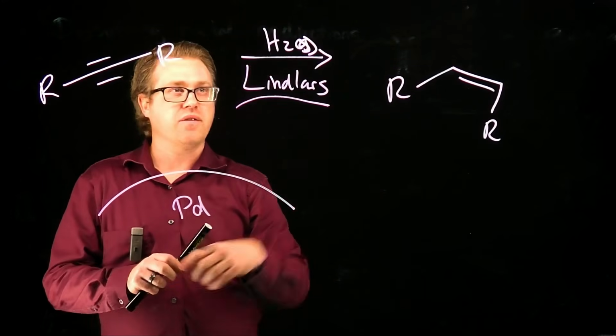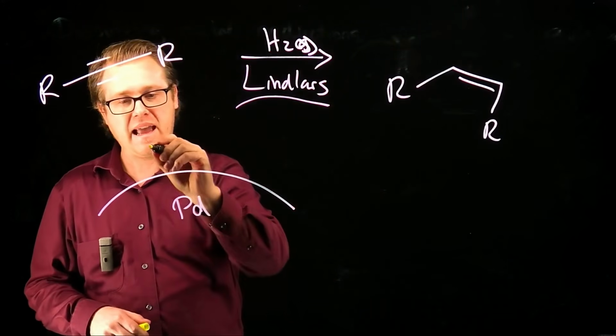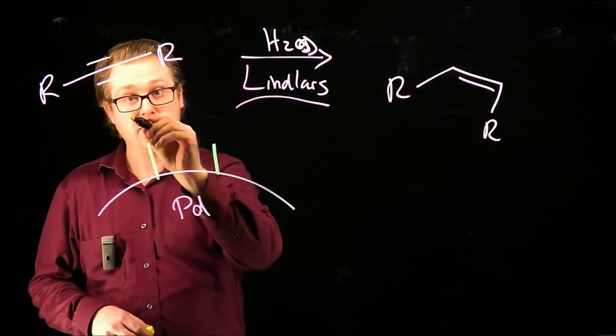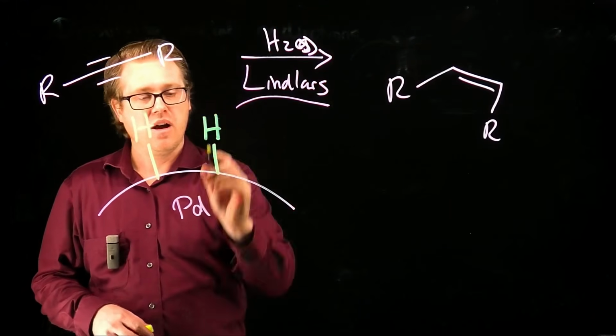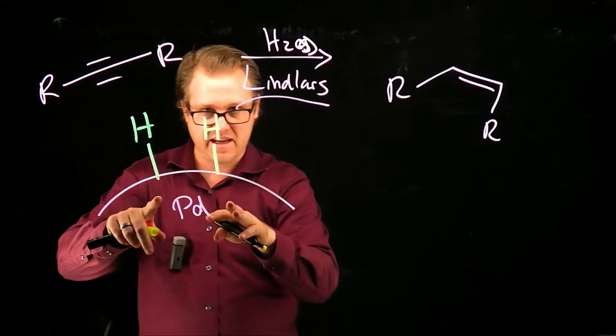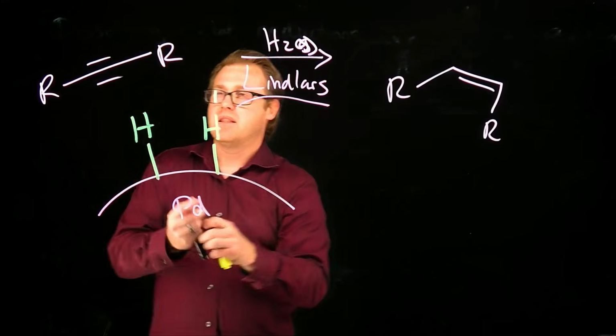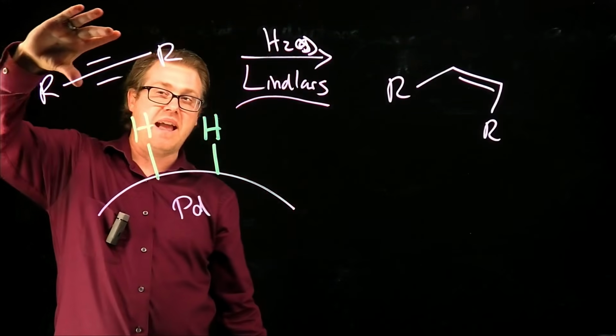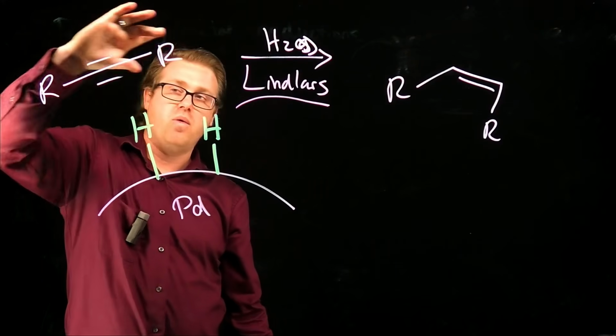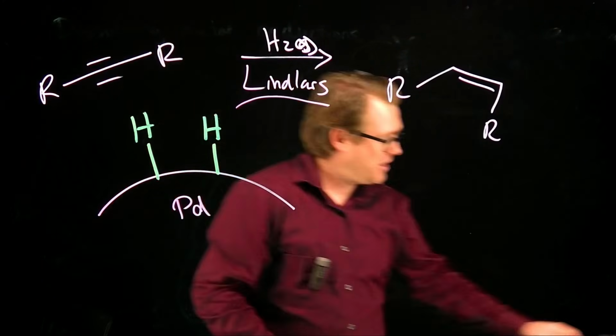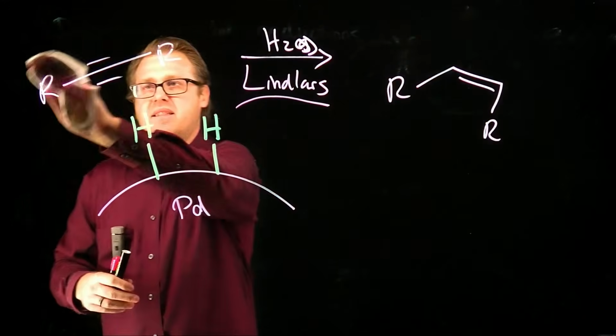And on its surface, the hydrogen gas or the hydrogen atoms are going to stick to that metal surface. And so when the alkyne comes getting close, just picture it kind of like this.